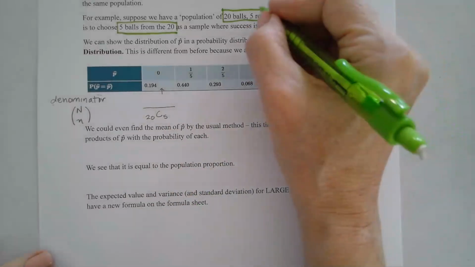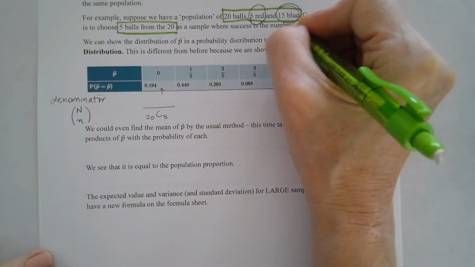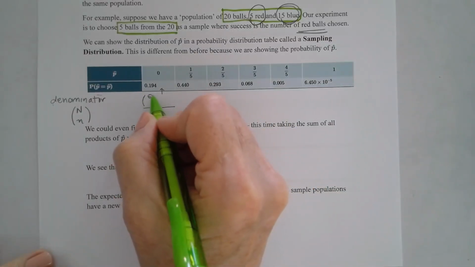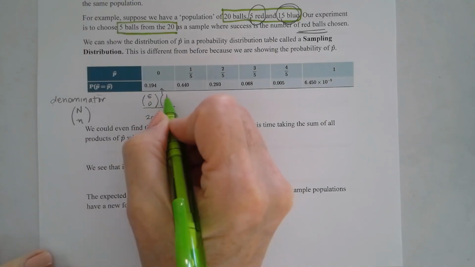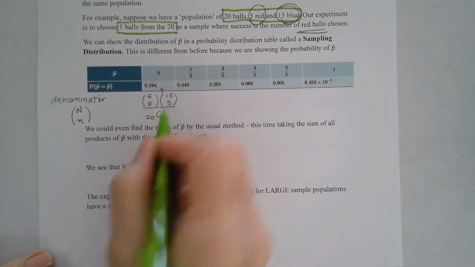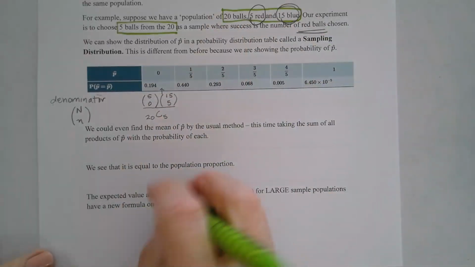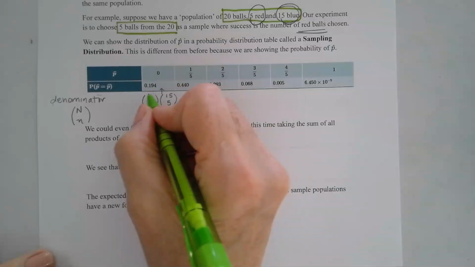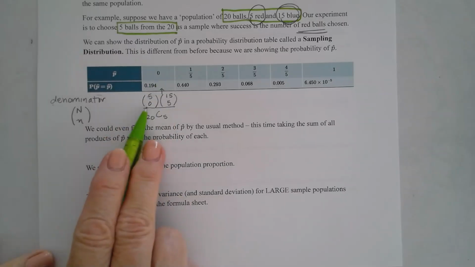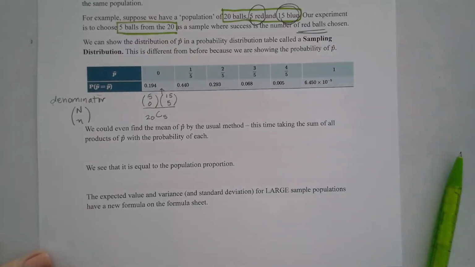Out of the balls that I have here, there's 5 red in the 20 and 15 blue. And in my sample of 5, I'm hoping out of those 5 red to get none, and out of the 15 to get all 5. See where I got these two? So out of that big population, that's what goes in the numerator. I don't want any of the red, and I want 5 out of the 15 of the blue.